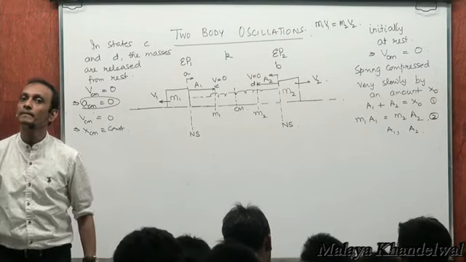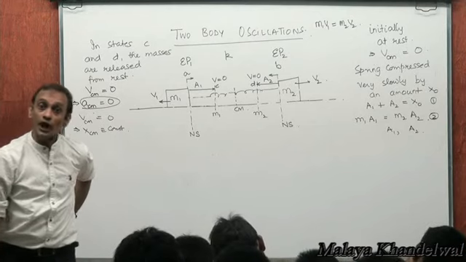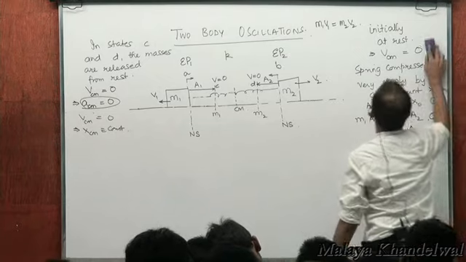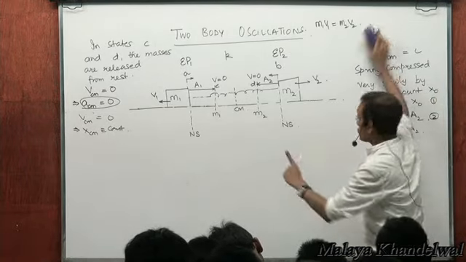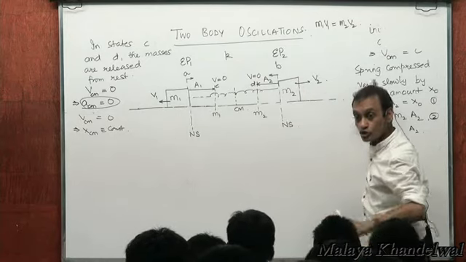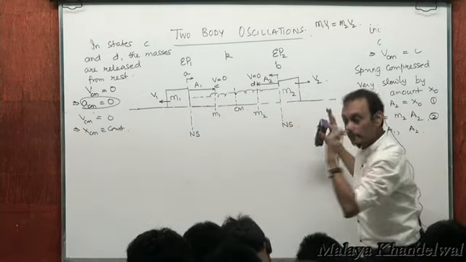How's that? Right? Now, from this point onwards, since they have developed velocities, this would overshoot this mark, this would also overshoot this mark, right?